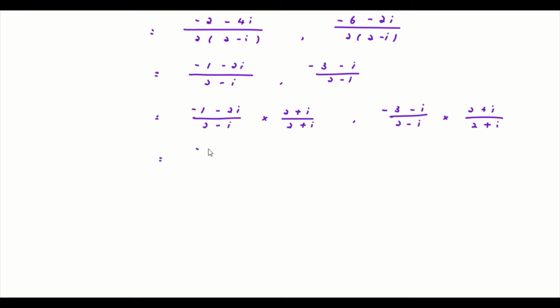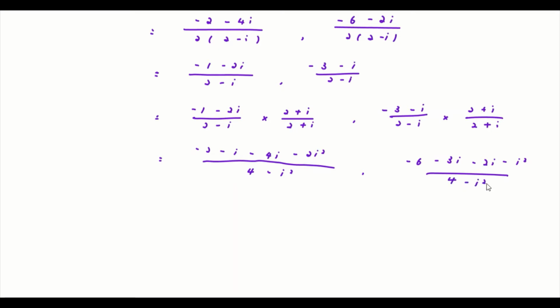So we have negative 2 minus i minus 4i minus 2i squared, over 4 minus i squared. Okay, then the other part, negative 6 minus 3i minus 2i minus i squared, over 4 minus i squared as well. Okay, so let's try to simplify it.